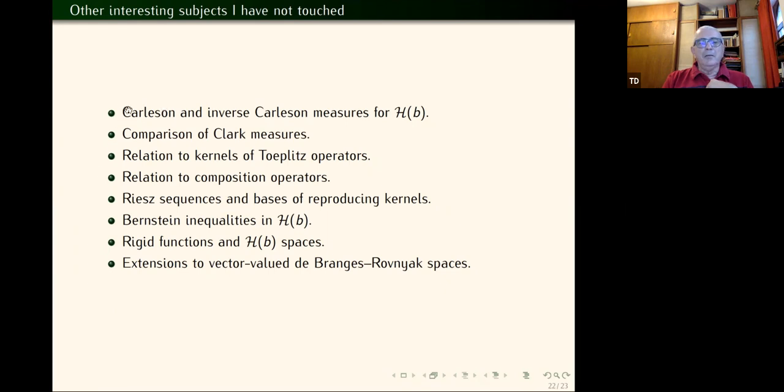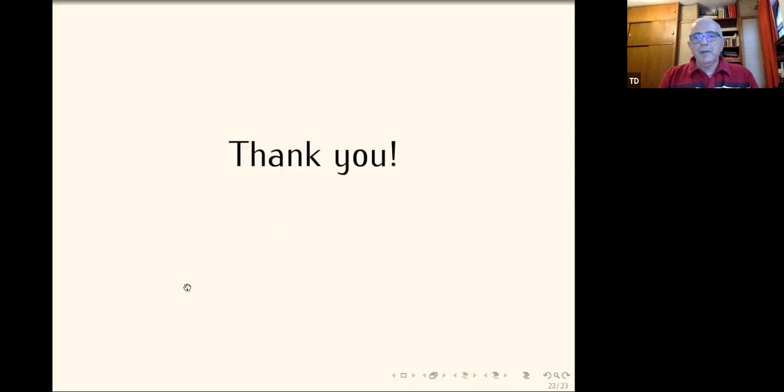In many of these areas, there are still open problems: Carleson and inverse Carleson, Clark measures, relation to other problems, composition operators, Bernstein inequalities. And the last point can actually be a big area of study, to see what you can extend to them. Okay, thank you.